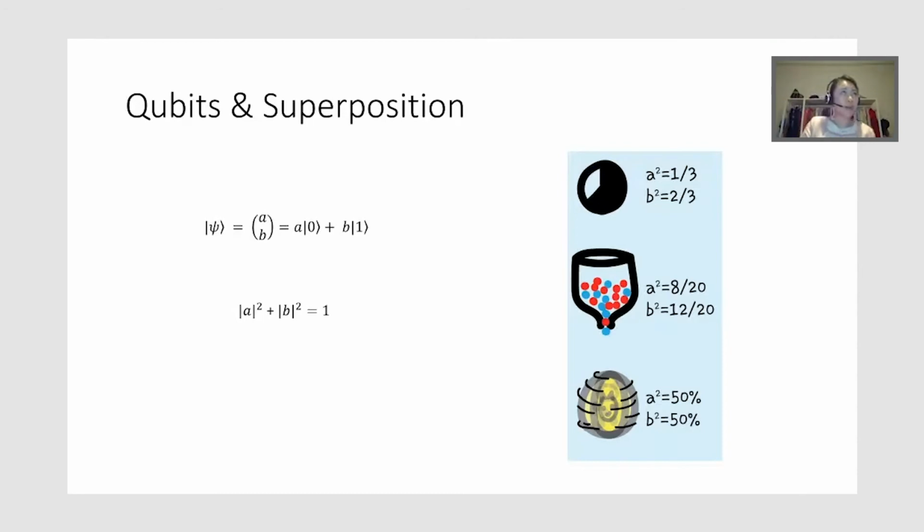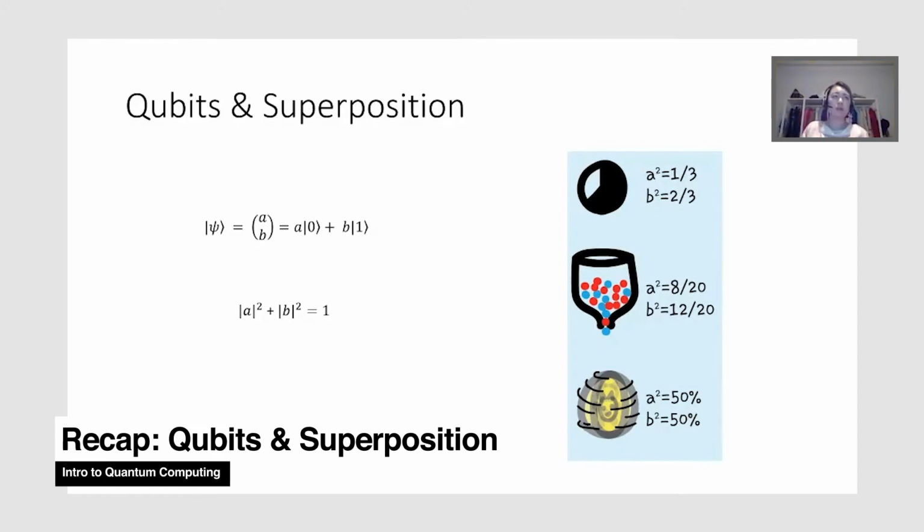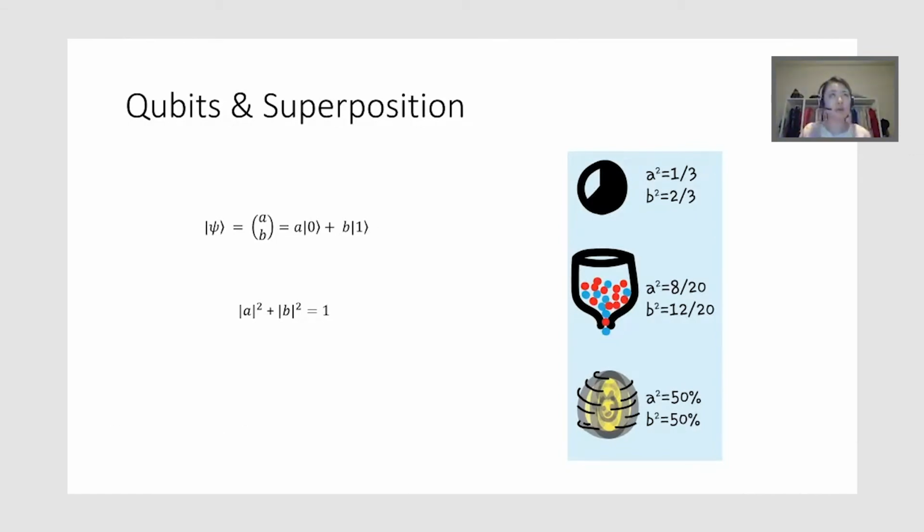Just a step back, looking at what we discovered in the past 2 classes, the quantum bits and superposition. You should know that a qubit can be expressed as a vector, which in turn is also a superposition of these 2 states, 0 or 1.